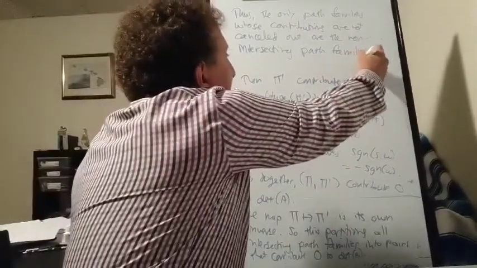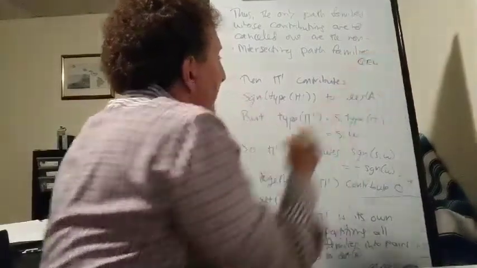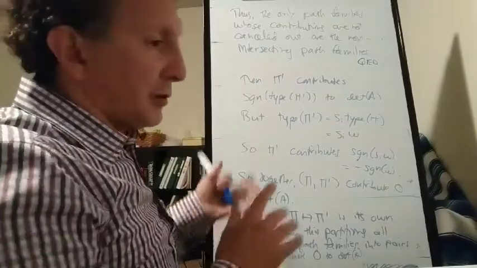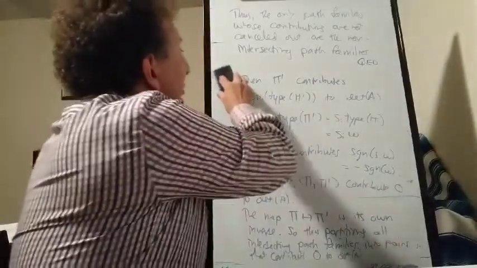So that's the end of that proof, and this result and the next corollary together are usually known as Lindström's lemma.